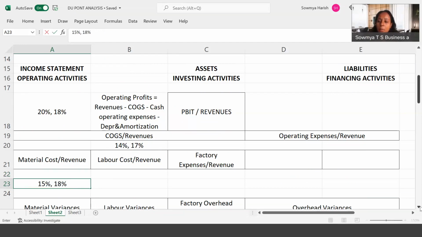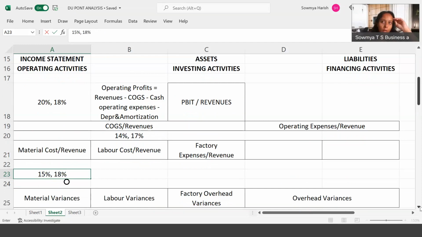Why is there an increase in material cost? I told it can be because of cost, price, or because of the usage. And to find out the exact specific reason for the increase in material cost, we are going to apply material variances. So when you apply material variances, you'll get to know the specific reason why there was an increase in material cost, which has increased your cost of goods sold, and thereby decreased your operating profits, which in turn has decreased your profitability and thereby decreased your return on equity.